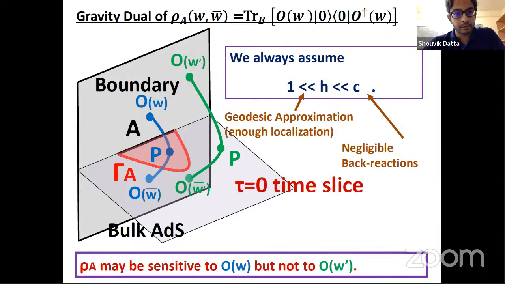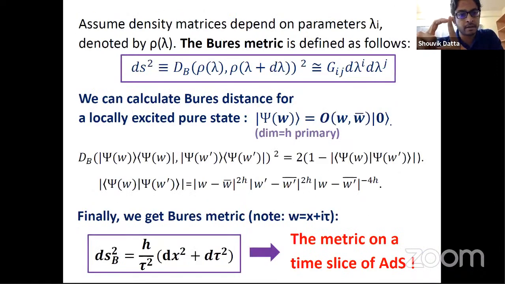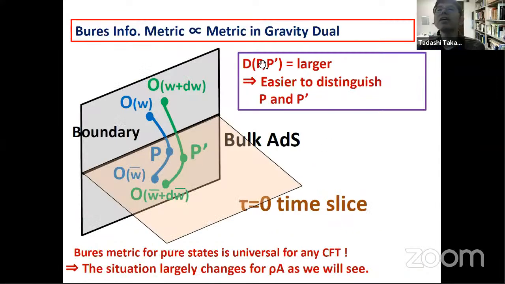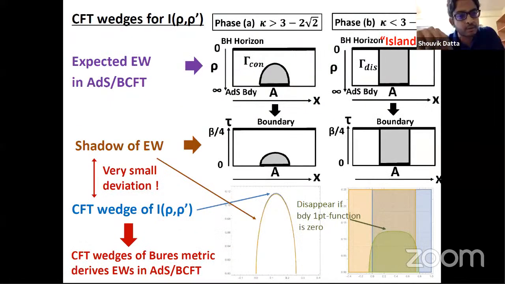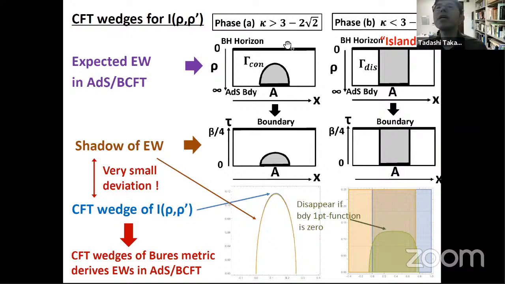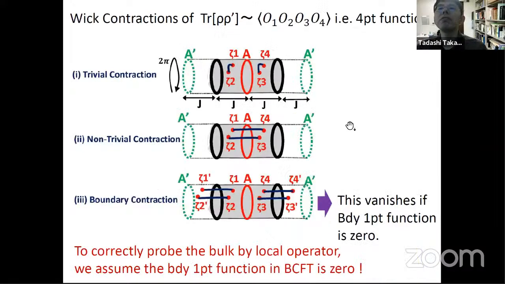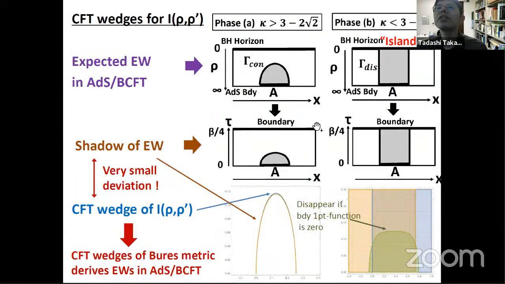Shouvik, you have a question now. Hi, Tadashi. So you had this transition between the minimal surface and the island, and that happened at some value of kappa, which was 3 minus 2 square root 2. Can you explain why that value is special? This value is basically a competition between the connected one and the disconnected one.